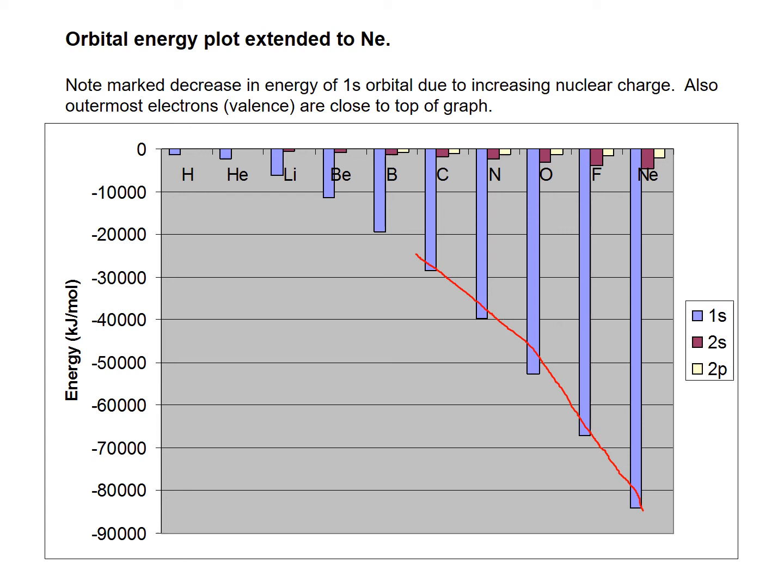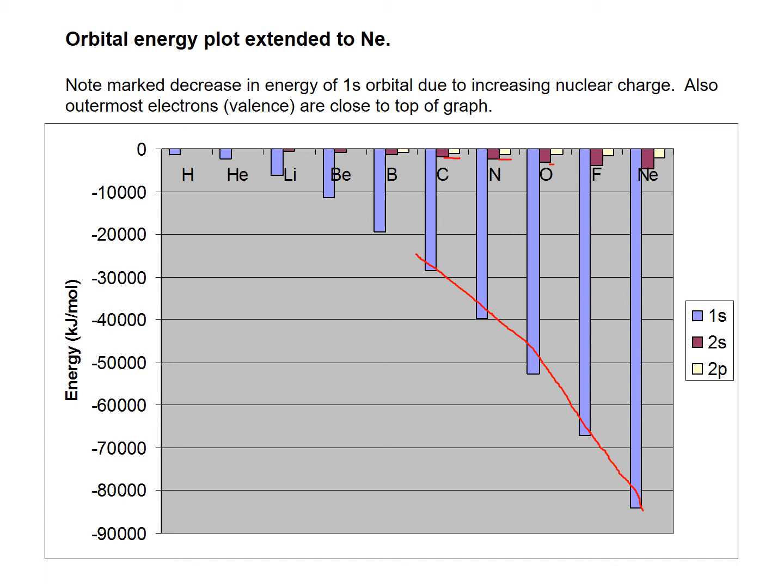Remember that chemical energies, bond energies, ionization energies, and so forth are all within about 1,000 kilojoules per mole, and it takes much, much more energy to remove these electrons. So they tend to become unimportant chemically. The 2s electrons, notice we're going down in energy as we go across for the 2s electrons for these elements.